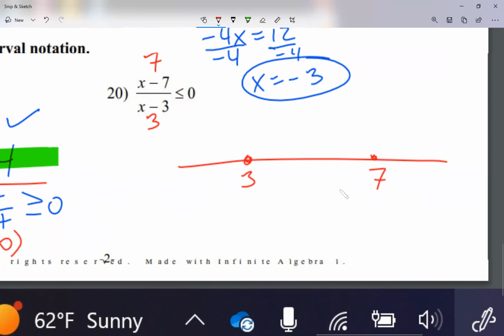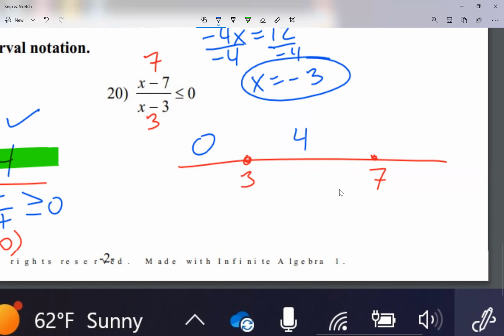Okay, so let me try a number less than 3. I like 0. 0 is a cool number, so I'll try 0. Any number, doesn't have to be 0. Then a number in between 3 and 7. Doesn't have to be right in the middle. Any number between 3 and 7. So let me try a 4 or a 5 or a 6.